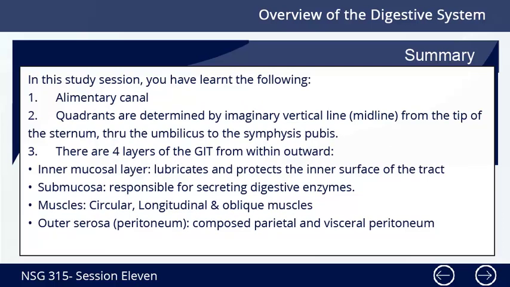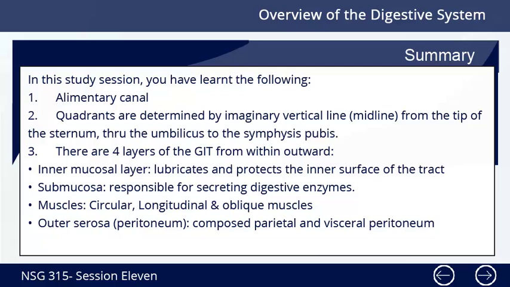Summary of study session 11. In this study session, you've learned the following. 1. Alimentary canal, which includes the mouth, the pharynx, the esophagus, stomach, small intestine, large intestine, anus, while the accessory organs are the tongue, teeth, gallbladder, salivary glands, glands of the large intestine, liver, and pancreas.